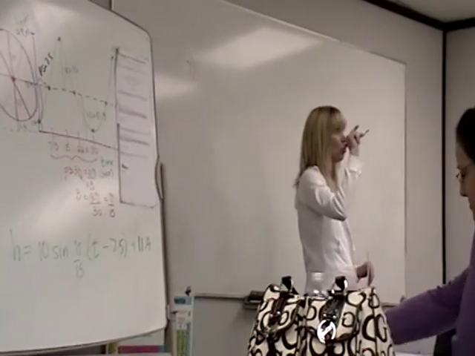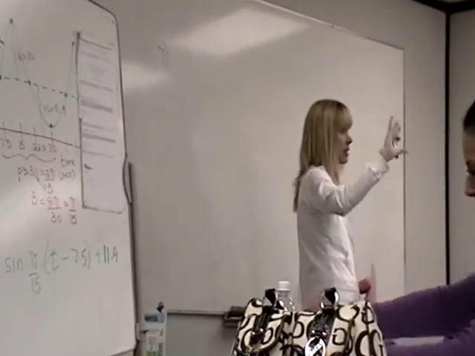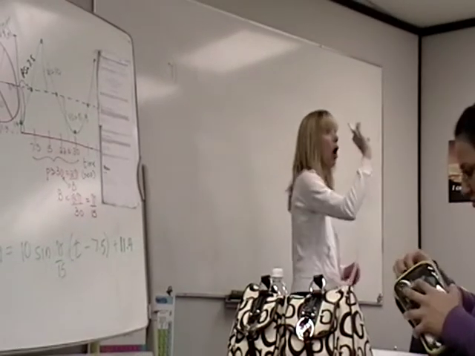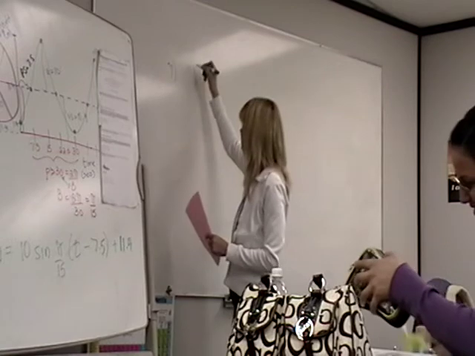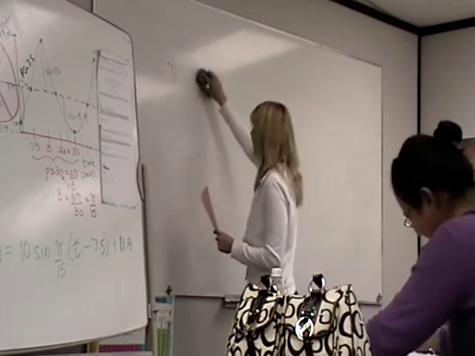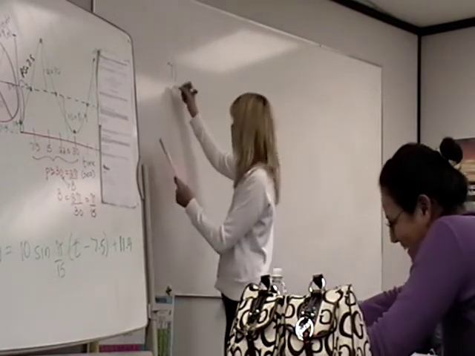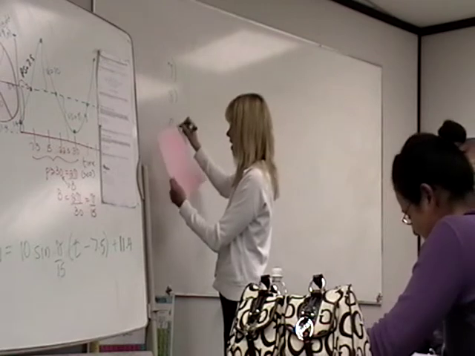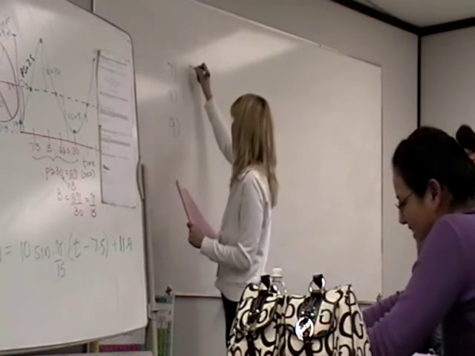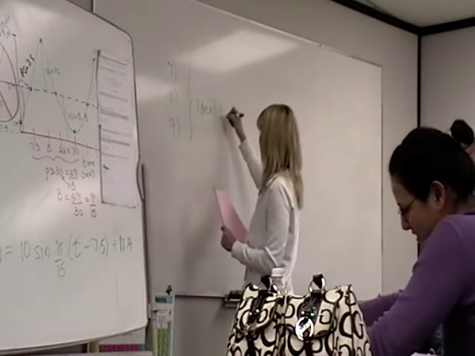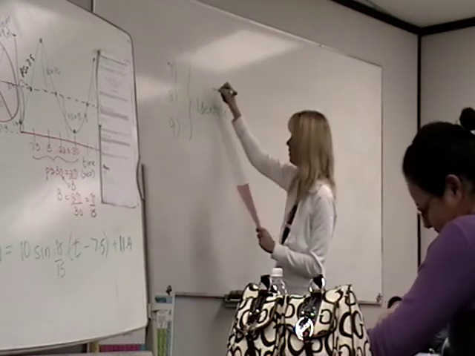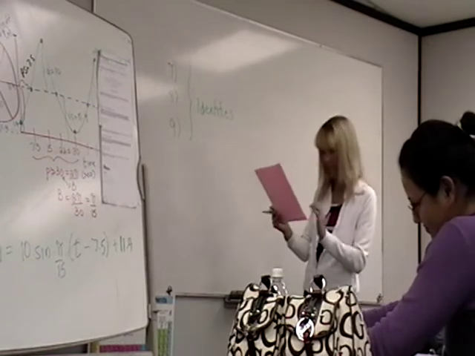So 1, 2, 3, 4, 5, 6. Now the next part is identities. I don't want to see another one in my life. So 7, 8, 9, that's identities. You don't like identities?